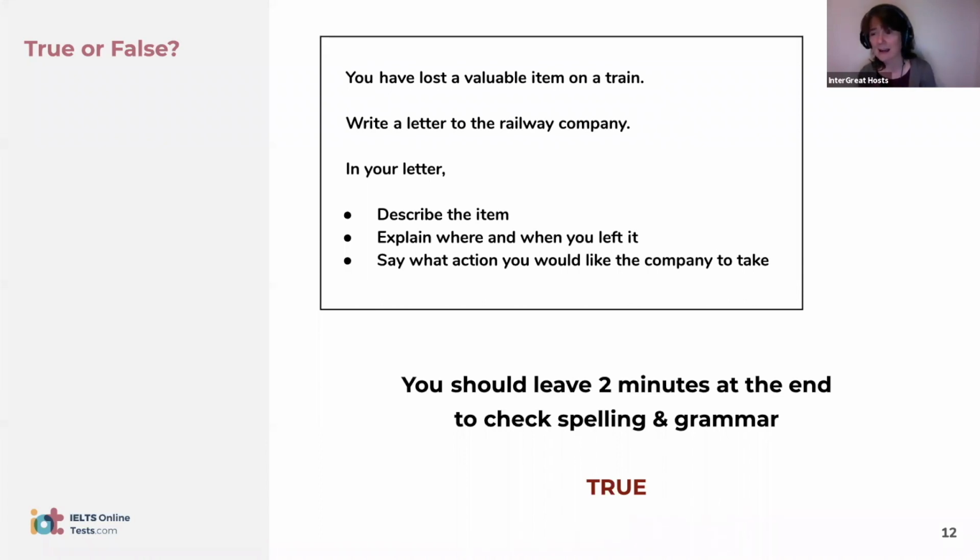And something very important about this checking, because if you just read through your letter again, you're unlikely to see your mistakes. Your brain doesn't really register the mistakes that you've made. So what you need to do is to know the kind of mistakes that you commonly make, okay?